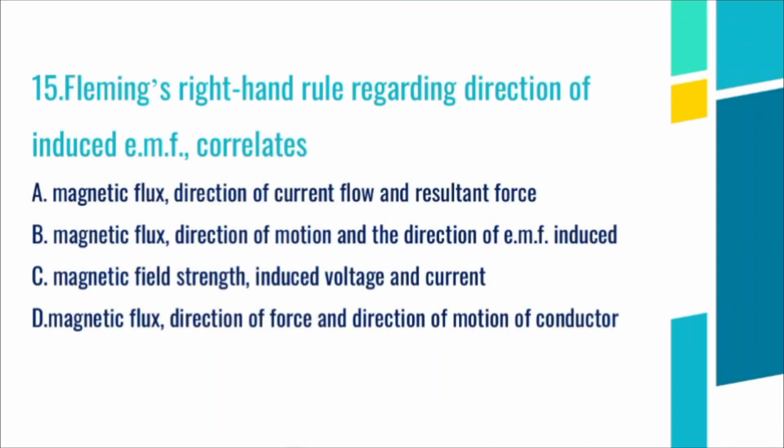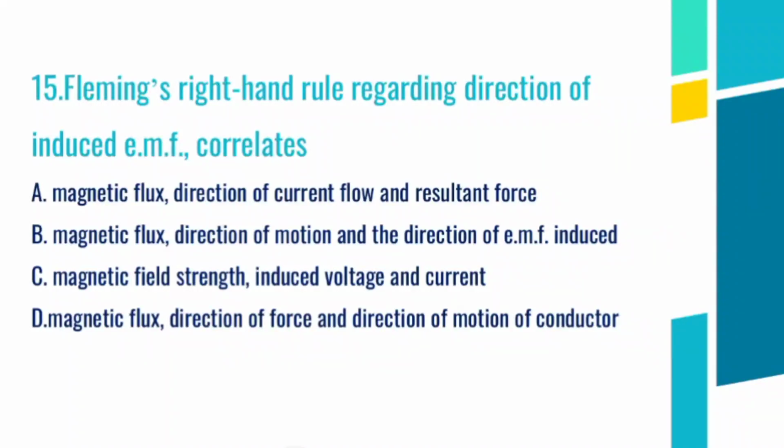Coming to next question. Fleming's right-hand rule regarding direction of induced EMF correlates. Fleming's right-hand rule is used for generator. Options: magnetic flux, direction of force, direction of motion of conductor.